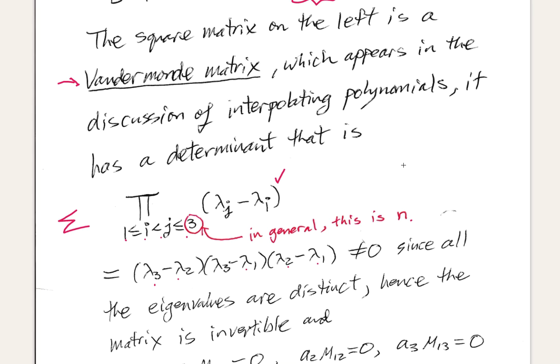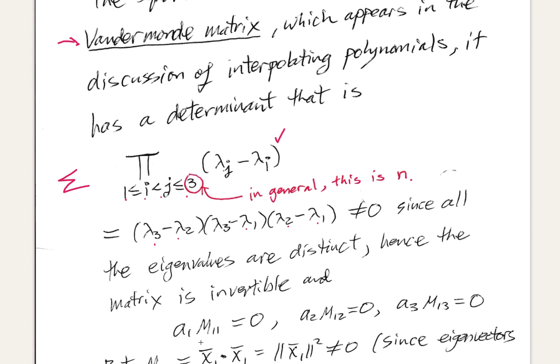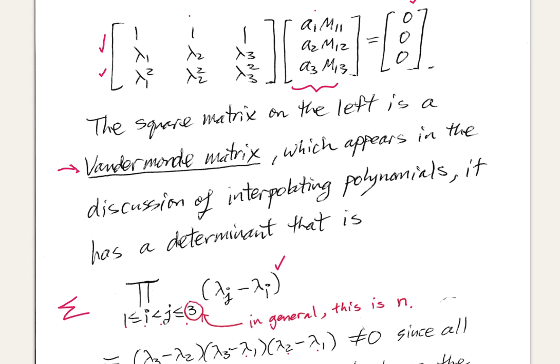We would discover that a sub 1 m sub 1 1 is 0, a sub 2 m sub 1 2 is 0, a sub 3 m sub 1 3 is 0. In other words, this column vector right here is just the 0 vector.